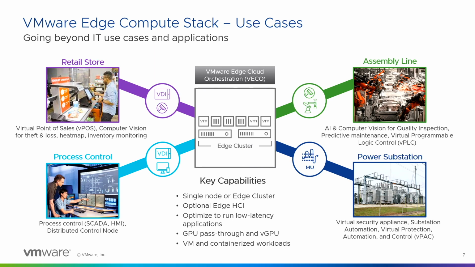The last one is the power substation. This is not only the substation, but can be extended all the way to distributed energy resources like a wind turbine, for example. In this example, we have the merging unit, which is a device.